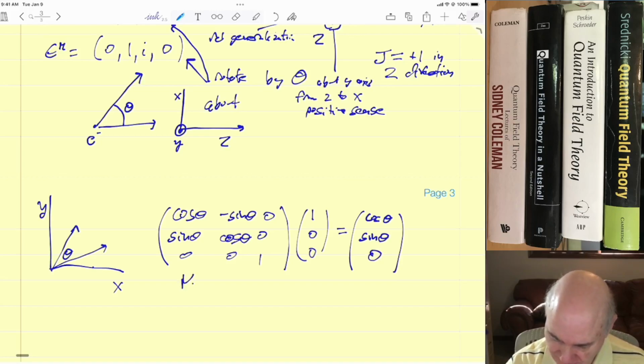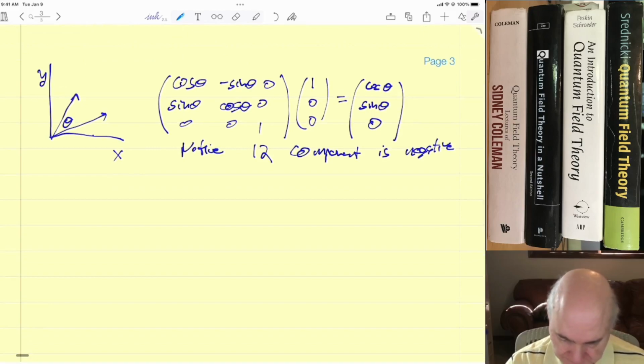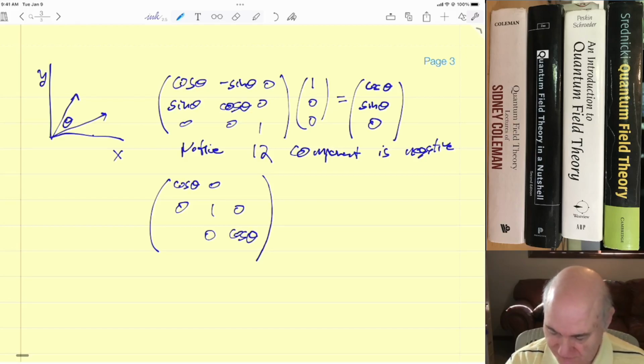Notice the 1, 2 component of this matrix is negative. That's the sign. That's what you have to remember. Now, we're rotating around the z-axis. I'm sorry, we're rotating about the y-axis. So we're going to have 0, 1, 0, 0, 1, 0. We know we're going to have cosine theta on the diagonals. It's just a question of the sign.